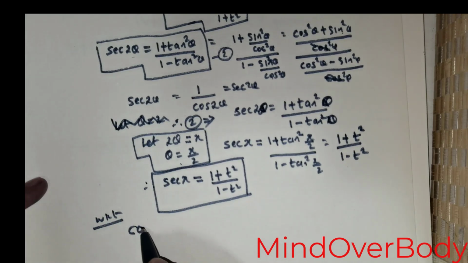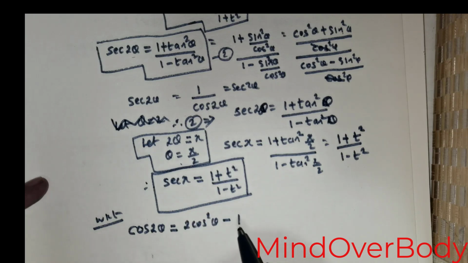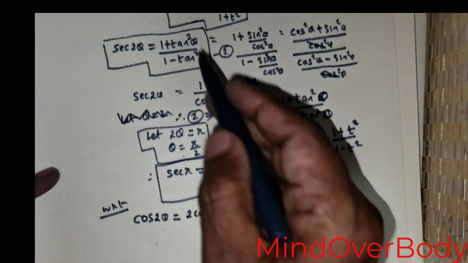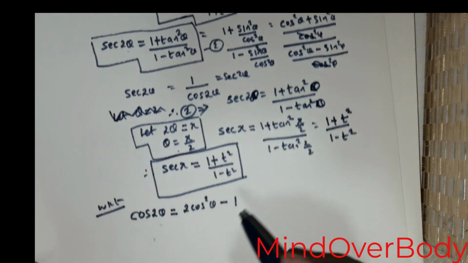We know that cos 2θ is equal to 2cos²θ − 1. I don't need any substitution for this case because I can directly use the representation for cos obtained here.